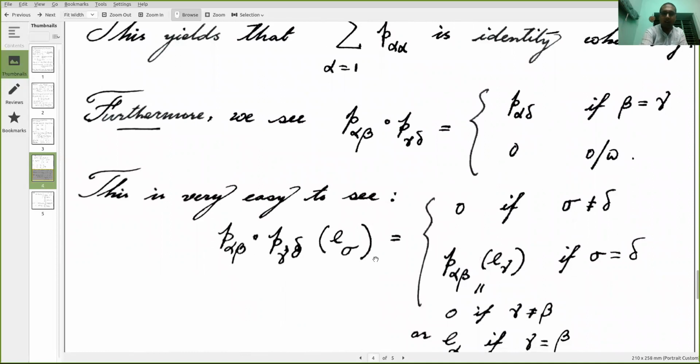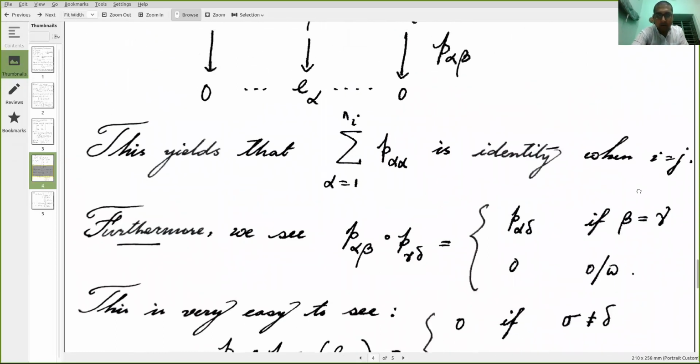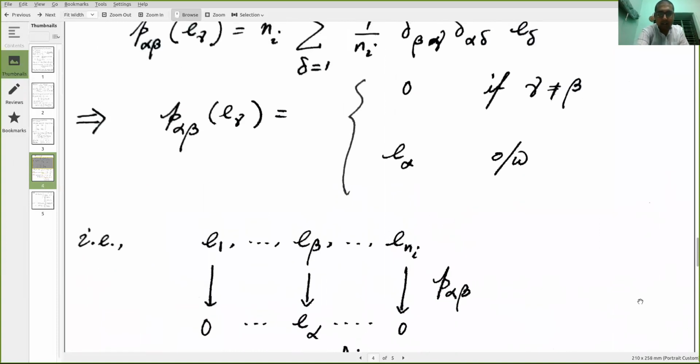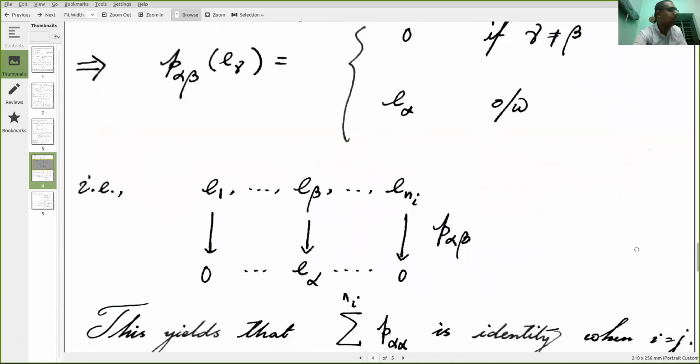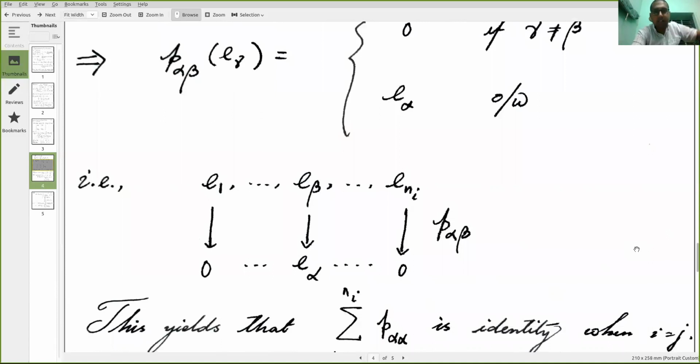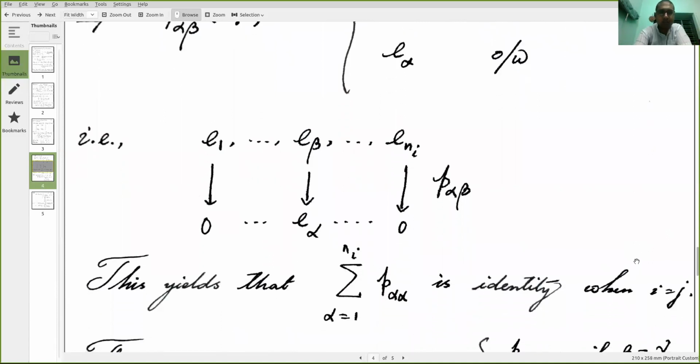We will apply it on any basis vector E sigma, and now see, the formula that we have already seen, P alpha beta of E gamma is 0 if gamma is not equal to beta, and in the case gamma equal to beta, it will be E alpha.